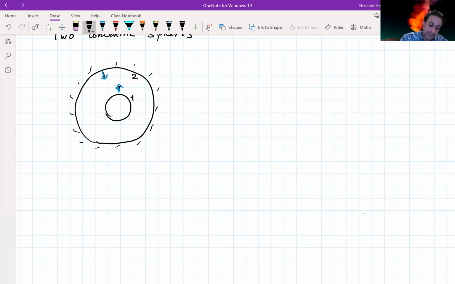Based on what we have said, the summation of view factors for each of these surfaces is going to be 1. These are in an enclosure. So f11 plus f12 is going to be 1. The same thing, f21 plus f22 is going to be 1.